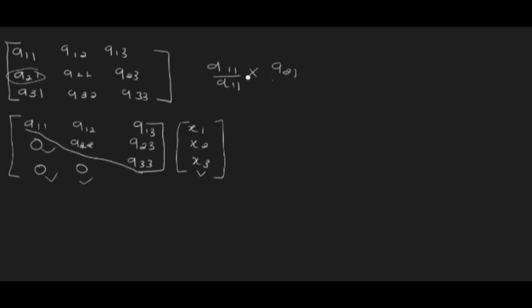So when you do this, a11 will cancel out and you get a21. When you do the same for this one, we can also divide this one by a11, then you multiply by a21. You do the same for this, divided by a11, then you multiply by a21. So in effect, you realize that the first entry will be a21, then the second one too will be what?